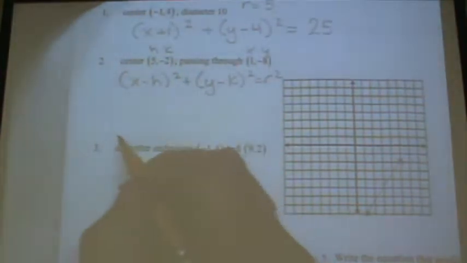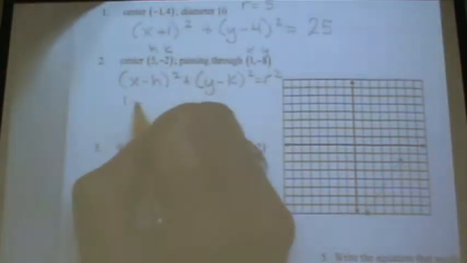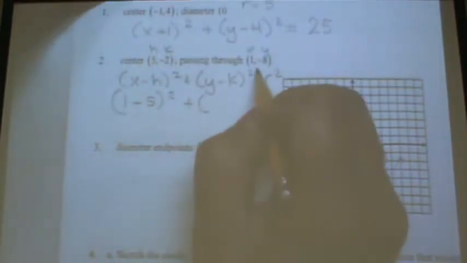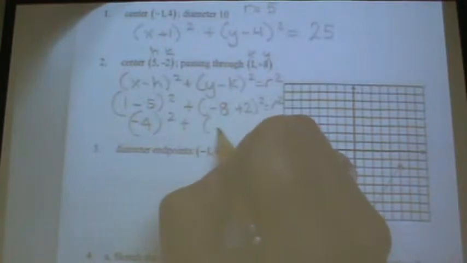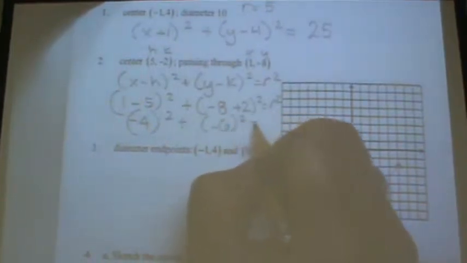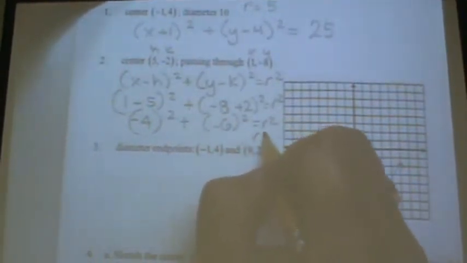So you have x is 1 minus 5 squared plus -8 minus 2, which is plus 2, is r squared. So you've got -4 squared plus -6 squared. Add these up and you get r squared is 52.